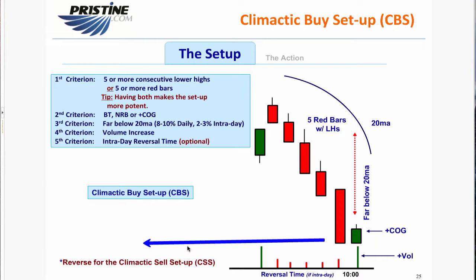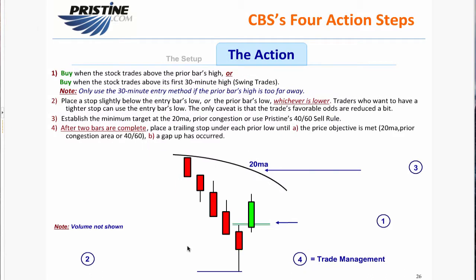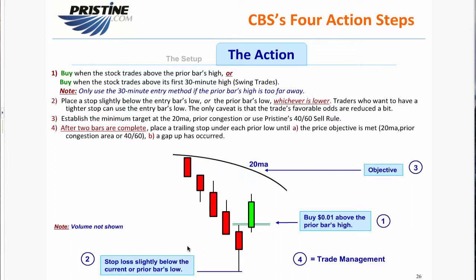Now, as far as how we enter, it doesn't change from anything else. We're going to look to buy a penny above the prior bar's high. Our stop is going to go under the prior bar's low, which at times can be large. So you may choose to use the low of the bar that gets you in, the trigger bar, as your stop, which is something you could consider.